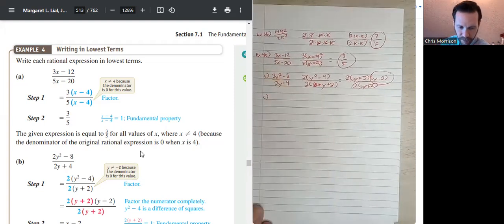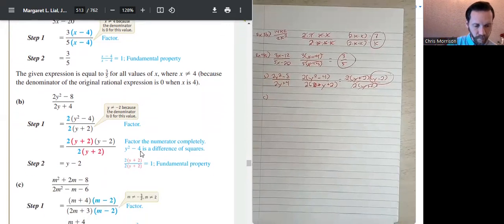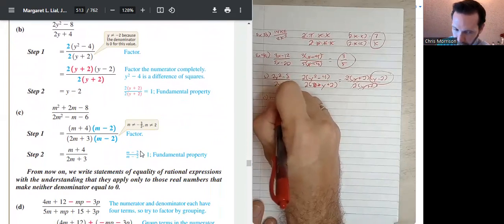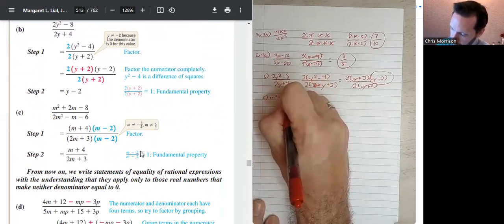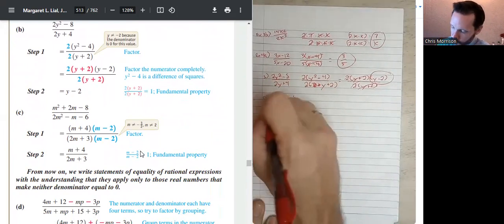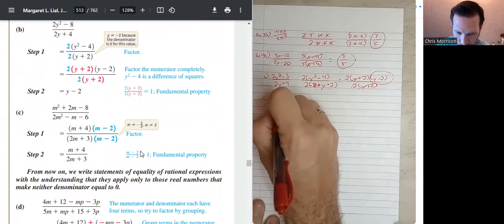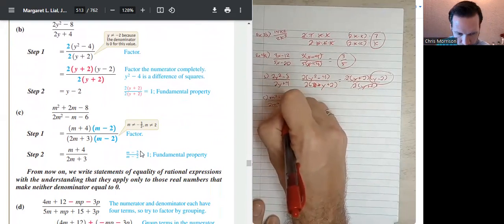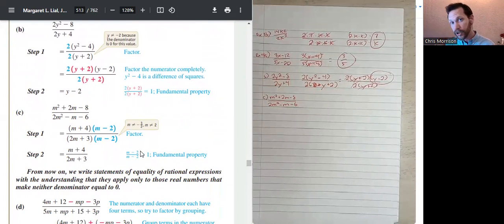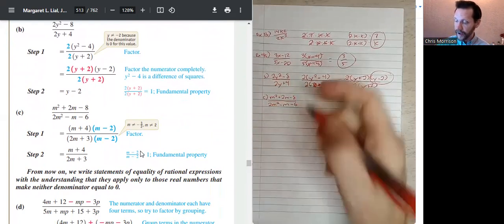Let's go on to example C in your book. m squared plus 2m minus 8, divided by 2m squared minus m minus 6. So again, I'm just going to simplify these.